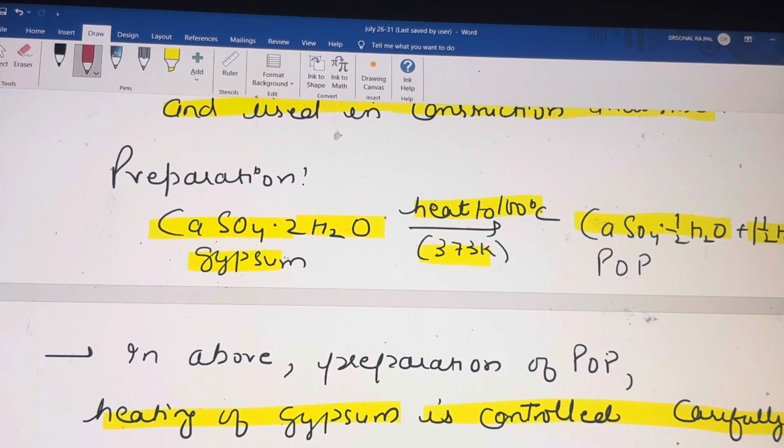This POP can be prepared from gypsum, which is used as a raw material, and the formula of gypsum is calcium sulfate with 2 molecules of water of crystallization. When we heat this gypsum, maximum up to 100 degrees centigrade or 373 Kelvin, it will give POP, and water of crystallization is removed as a byproduct.